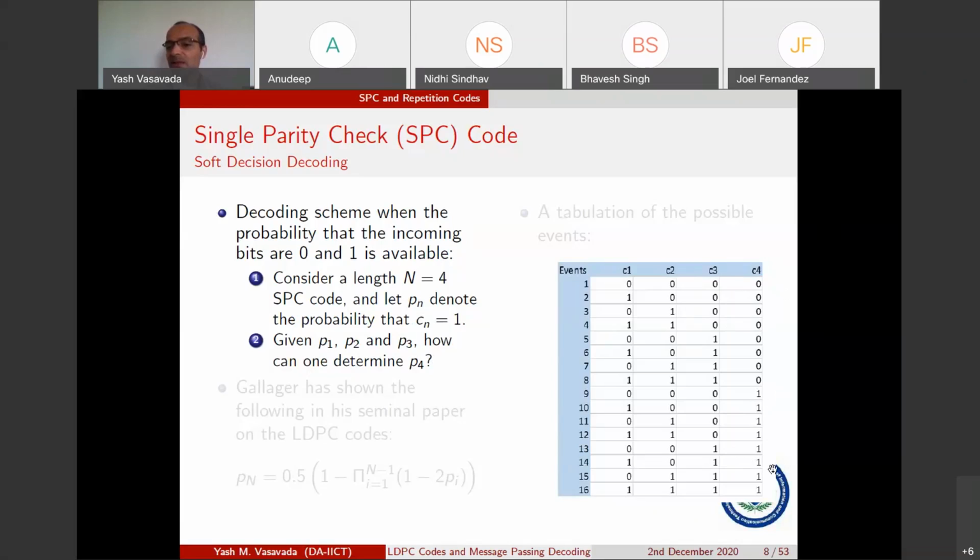C4 is almost a dependent variable. Similar to what Anudeep was saying, the probability of C4 is going to be determined based on one of these events. And these events are independent.